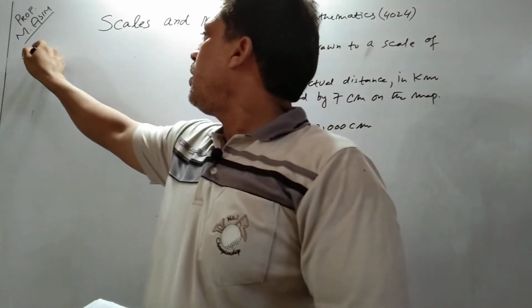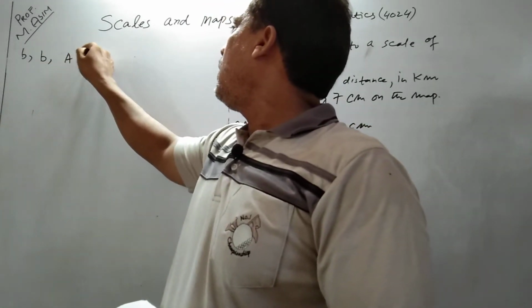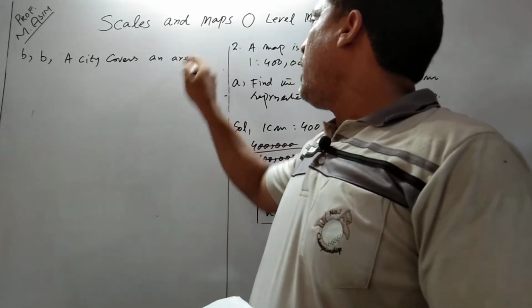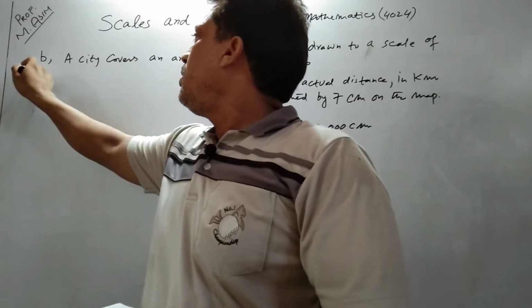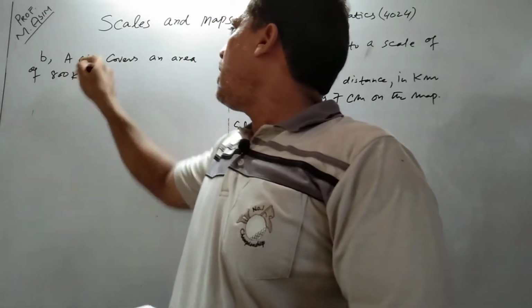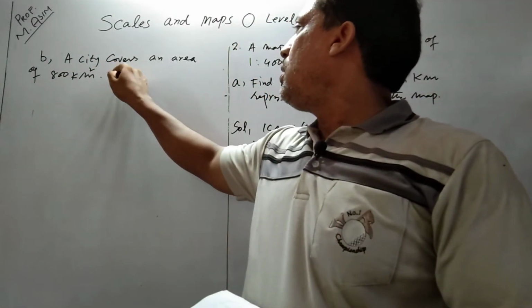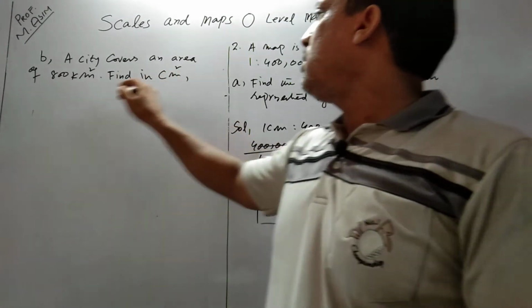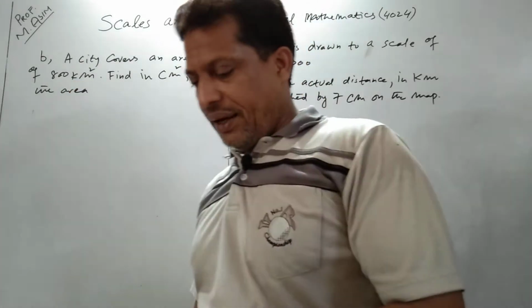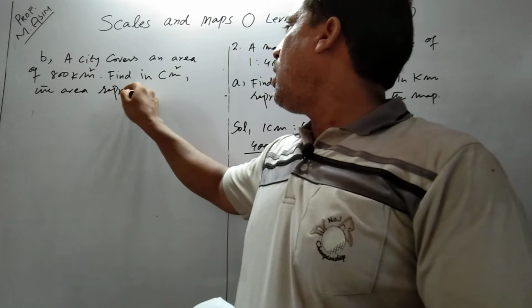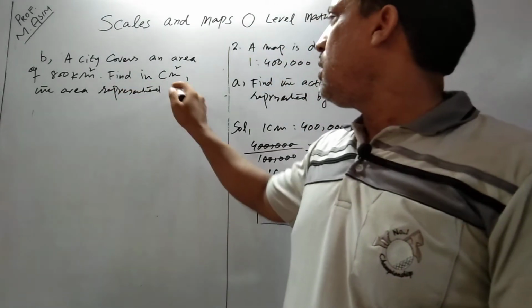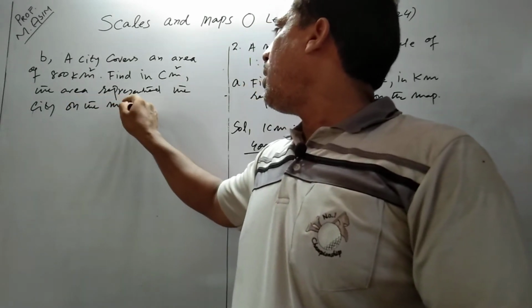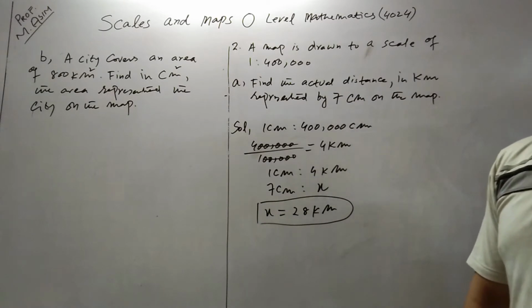Part B: a city covers an area of 800 square kilometers.